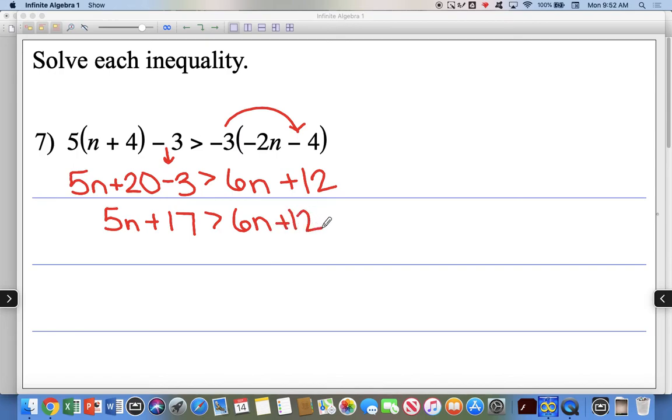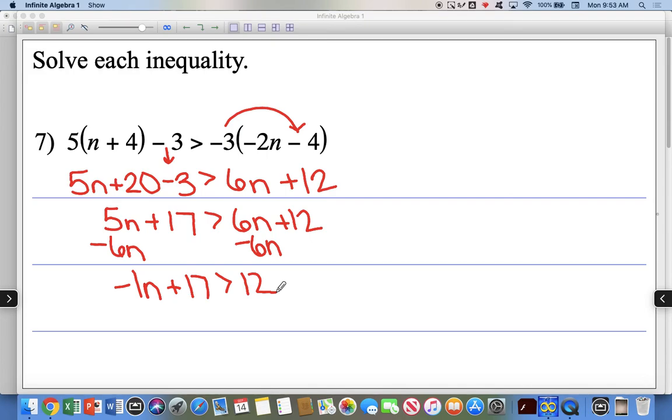All right, now I like to write my variables on the left. So I'm going to subtract 6n from both sides. And that becomes -1n plus 17 is greater than 12.